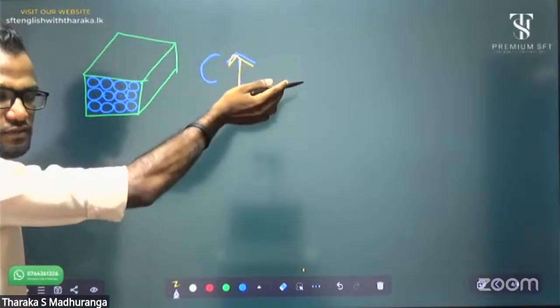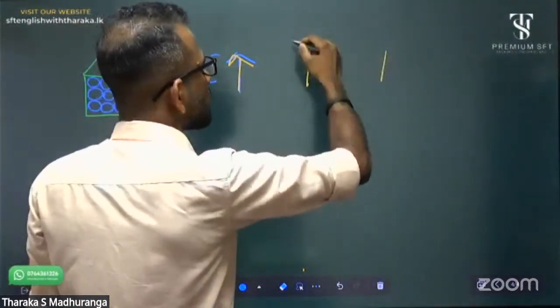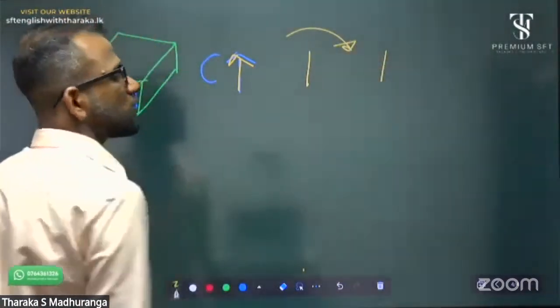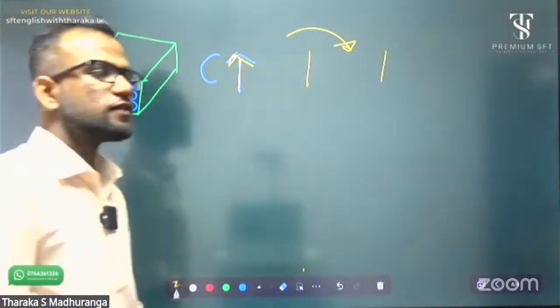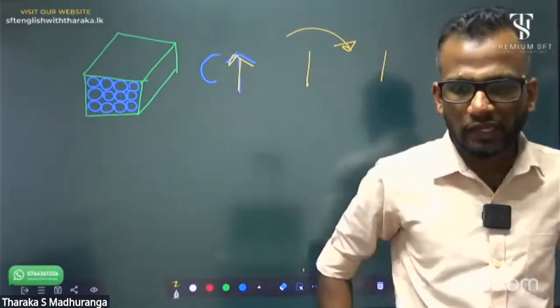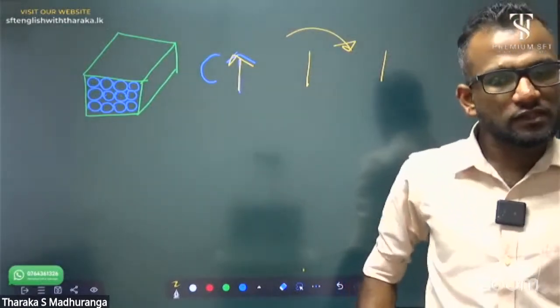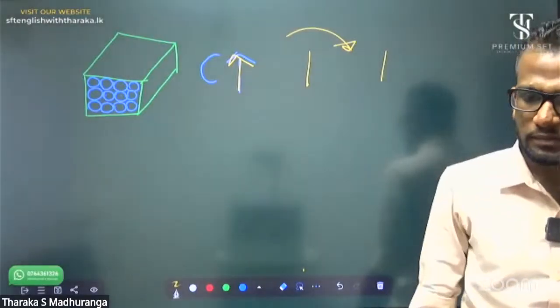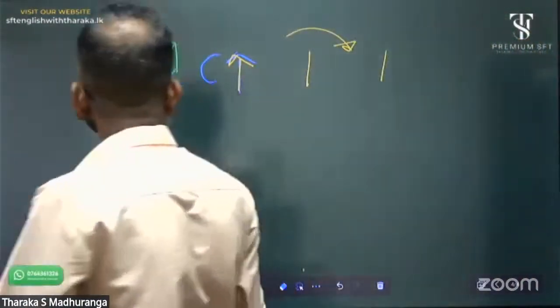Therefore, effective collisions increase. Within unit time, the number of effective collisions increases. This is the reason for the increased rate of chemical reaction. That's what we discussed in the last class. Do you have any doubt?